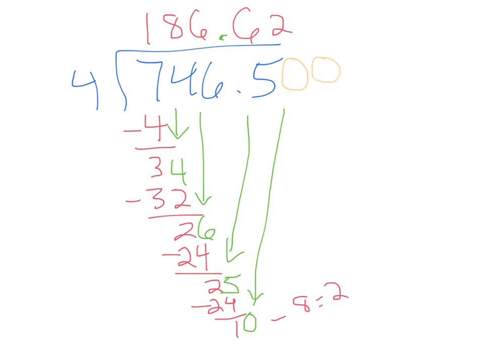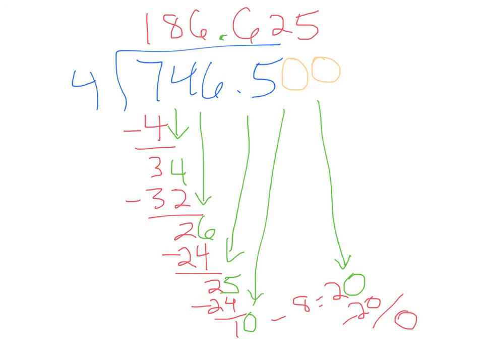So I add another 0 and bring that 0 down. Now I have 20. How many times will 4 go into 20? Conveniently, 4 goes evenly into 20 five times. 4 times 5 is 20. When I subtract now, I get a remainder of 0.